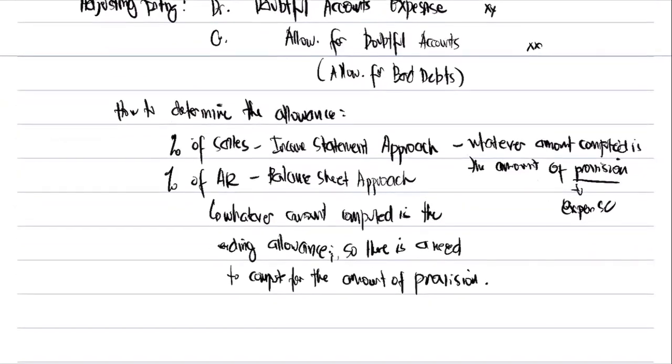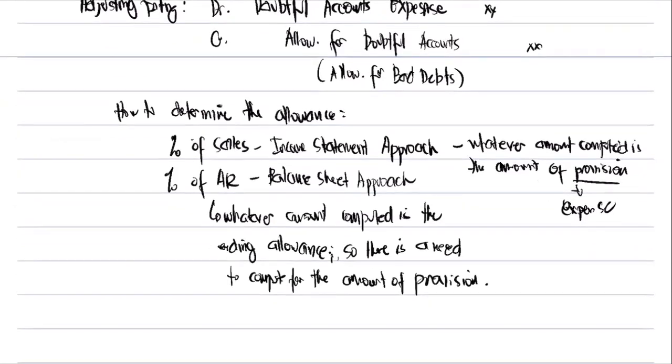Okay. Guys, pag percentage of sales, wala na tayong problema. Kung magkano man yung amount nga, yun na yung expense natin. So debit doubtful accounts expense, credit allowance for doubtful accounts. Pero pag percentage of AR yung ginamit ninyo, problema ang pag-compute ng expense. So ang makukuha mo kasi doon is yung ending allowance. So there is a need to compute for the amount of the provision.